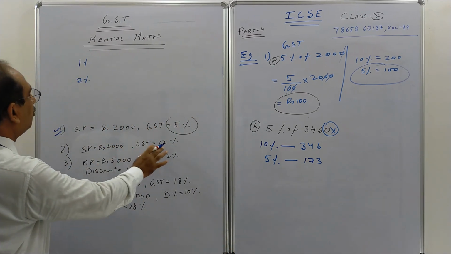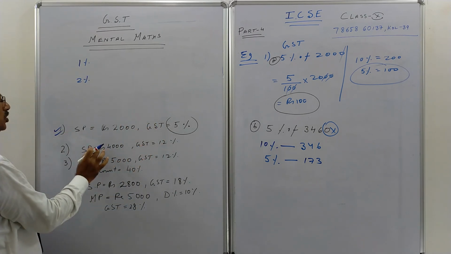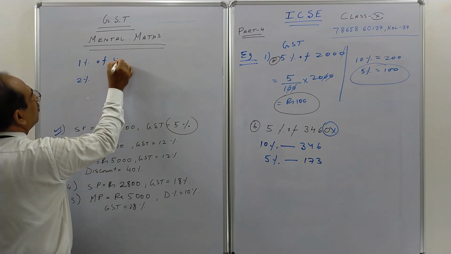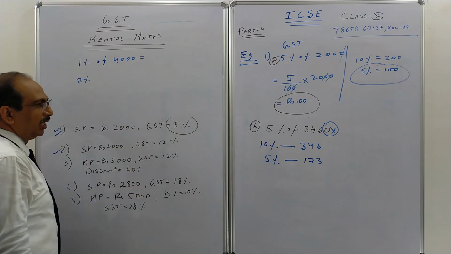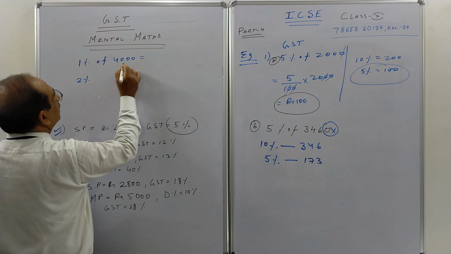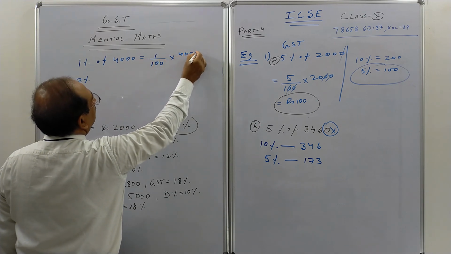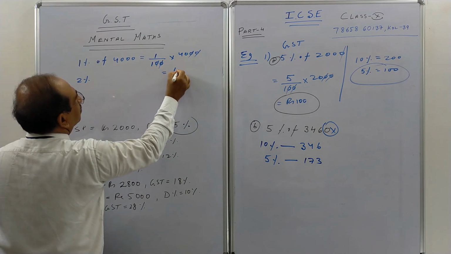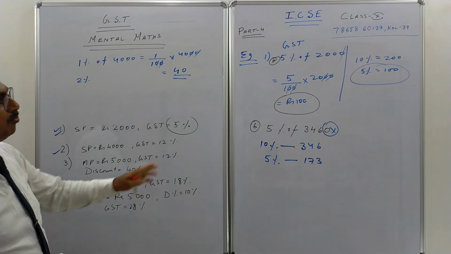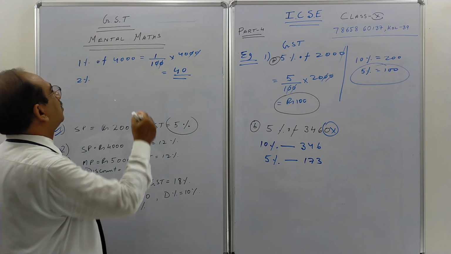Next I'm going to tell you how we find 12%. So this was example 1. For finding 12%, let me teach you. We have 4,000 over here. This I am going to do. So 1% of 4,000. Now as I told you, 10% we remove 10. 1% means 1 by 100 into 4,000, means we remove 20. In 10%, once more, very important, we remove 10. In 1% what we do, we remove 20.